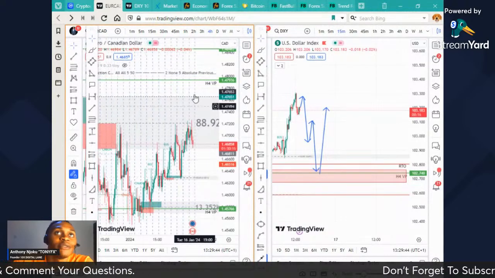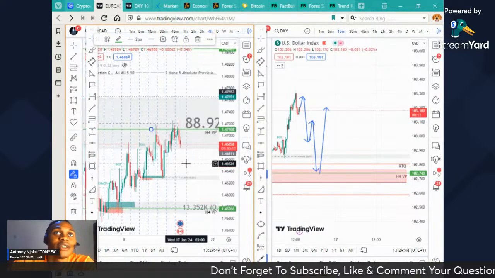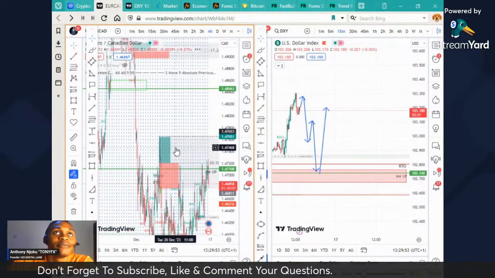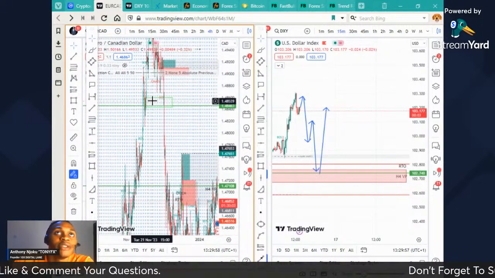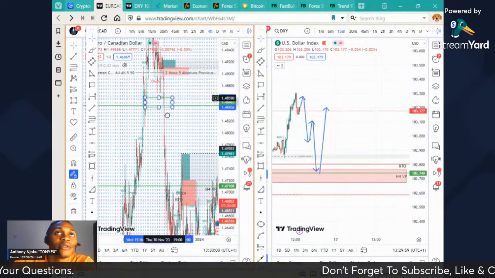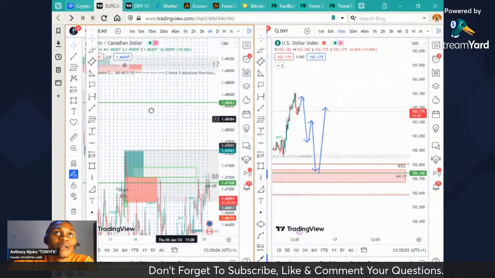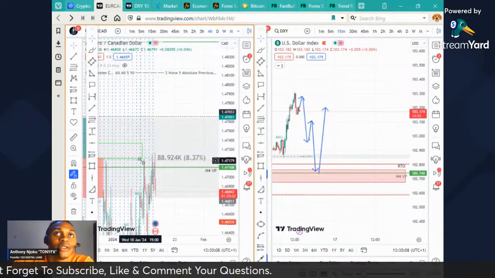So let me mark out the zones I see. This is the last green candle I can see over there. And what about the zone? Let me pick this up. Okay, so I just picked up this one.